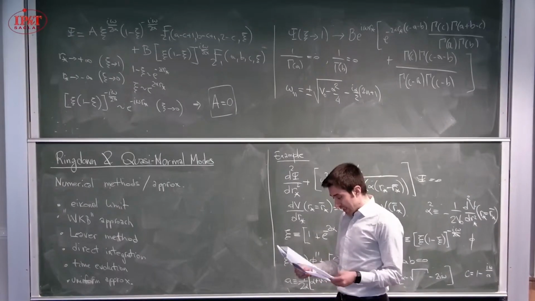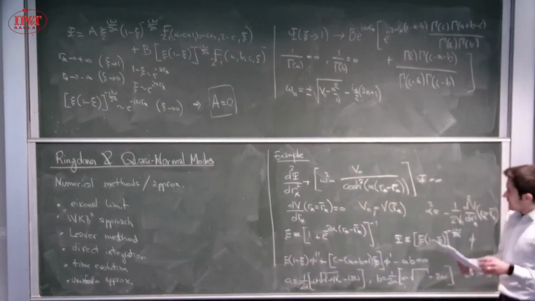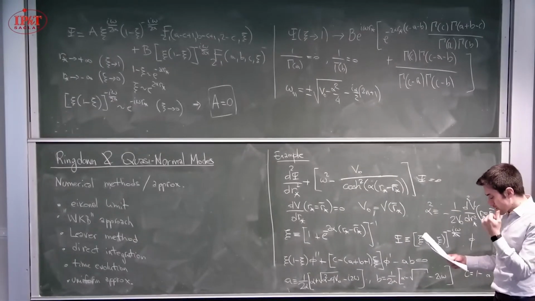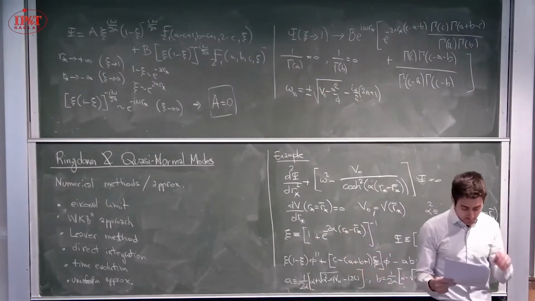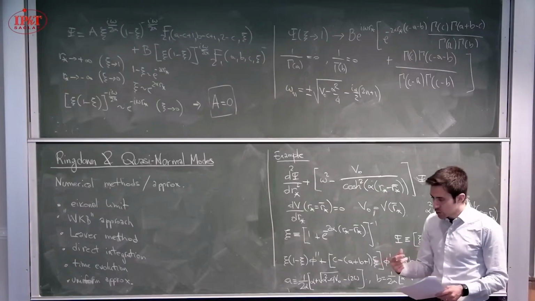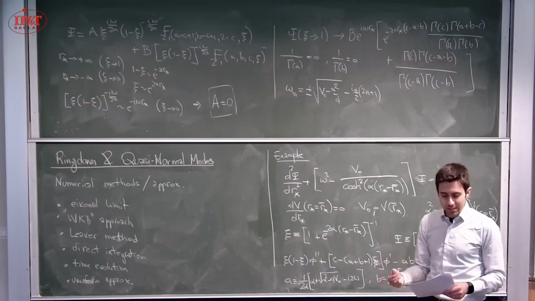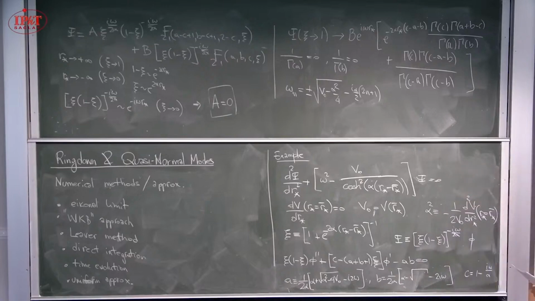So in some sense, as opposed to the scale that we talked about before, there is a sense in which the information about the quasi-normal modes is mostly contained in the form of the potential at the maximum.